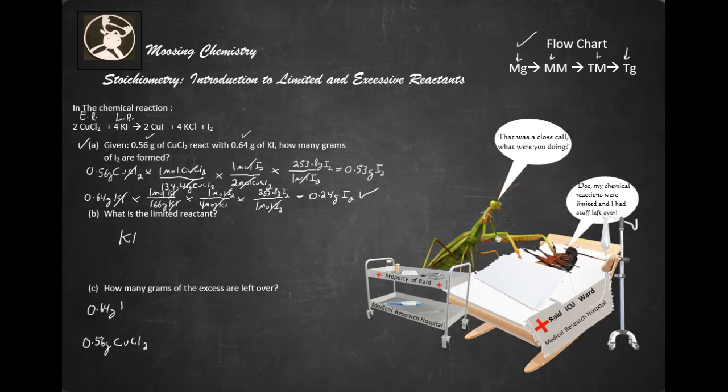So now let's work this problem from our limiting reactant. We have 0.64 grams of KI times 1 mole of KI divided by the molar mass of KI, which is, of course, 166 grams. Times the mole ratio between KI and copper chloride: 2 moles of copper chloride over 4 moles of KI.